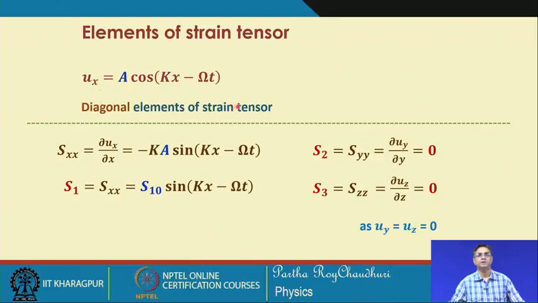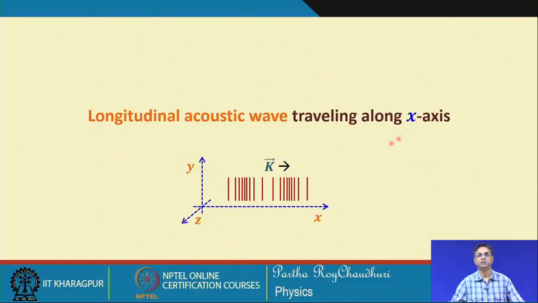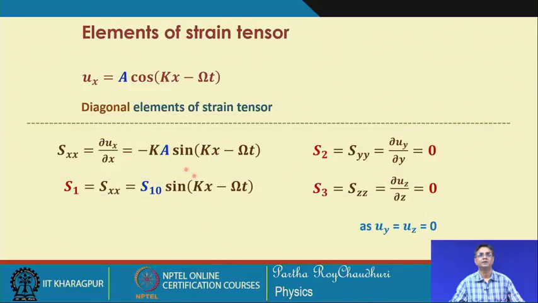So, the diagonal elements of the strain for this case, because we are now considering the wave propagating along the x axis, will create only S1, that is Sxx, this tensile strain element, and ux will be represented by this. The diagonal element of the strain tensor Sxx is equal to del ux del x. So, I just have to take the differentiation of this with respect to x, which will give me this form.